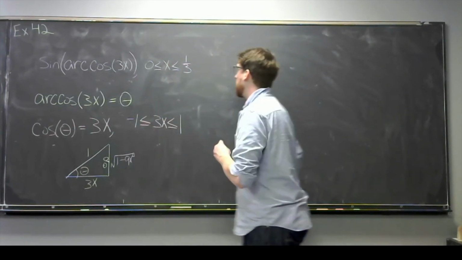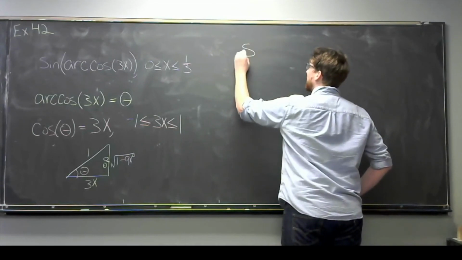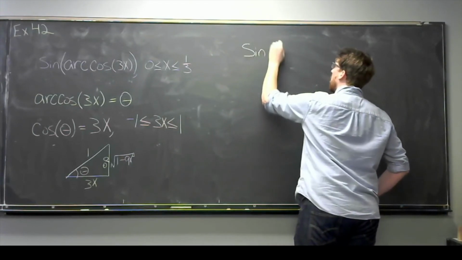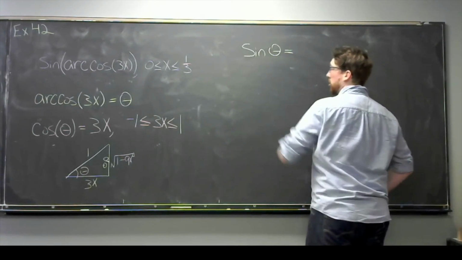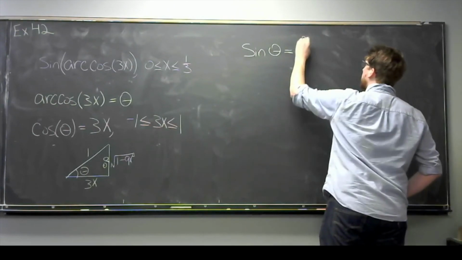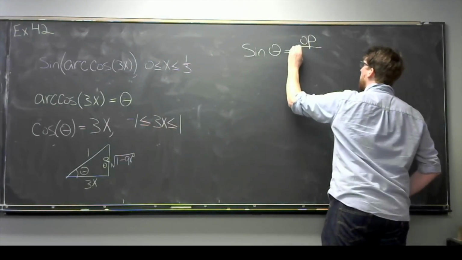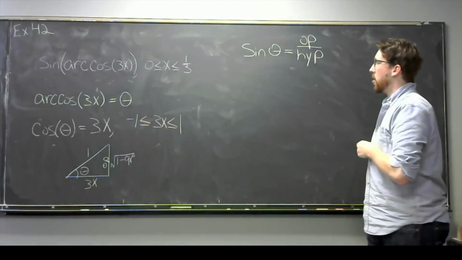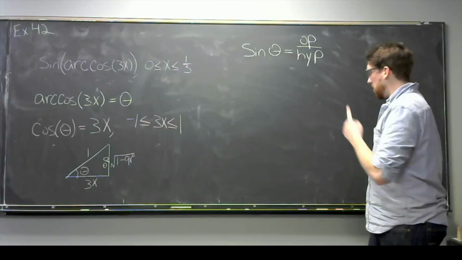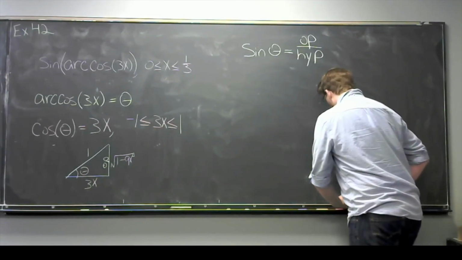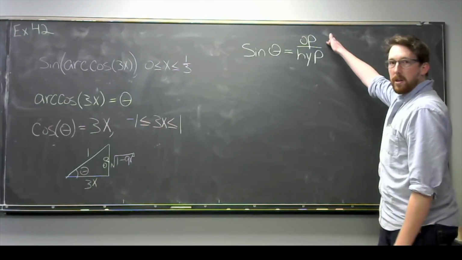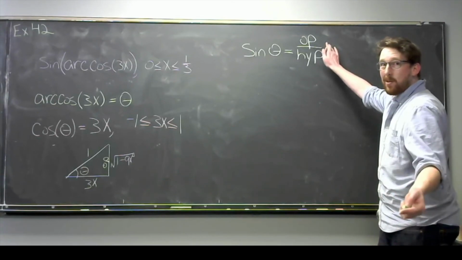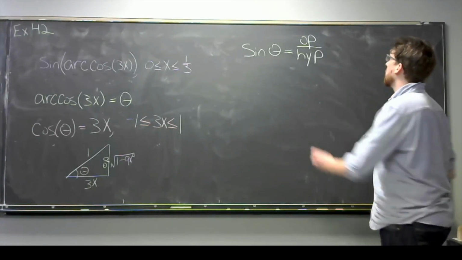We also know that sine of our angle is equal to the opposite length divided by the hypotenuse. Well, we just solved for the length of the opposite, and we already found the length of the hypotenuse.